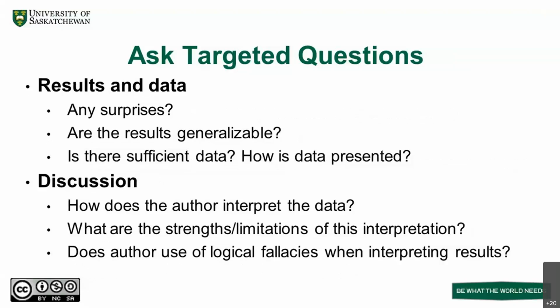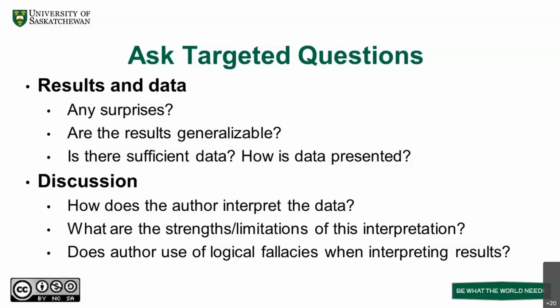In terms of results and data, any surprises? That's something that can be awesome in academia, encountering surprises. But at the same time, if you had a different expected outcome, then the researcher really needs to ensure that they're not hiding those surprises or diminishing those surprises.